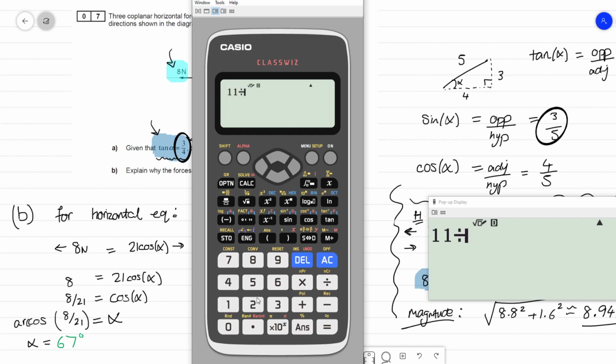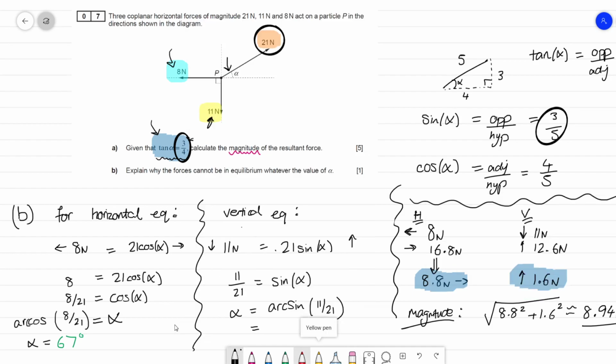So 11 over 21, and let's inverse sine that. 31 degrees, or 32 degrees to the nearest. Okay, so there's an issue here. In order to get a horizontal balance, you need an angle of 67 degrees. In order to get a vertical balance, you need an angle of 32 degrees. Those angles aren't the same, they don't match up. So you're not going to be able to achieve horizontal equilibrium and vertical equilibrium at the same time.